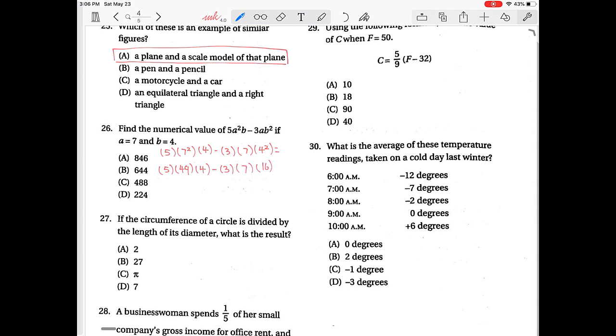We know 5 times 4 is 20, so 49 times 20 is then equal to 980. 3 times 7 is 21, so 16 times 21 is 336. 980 minus 336 is equal to 644. That is option Bravo.